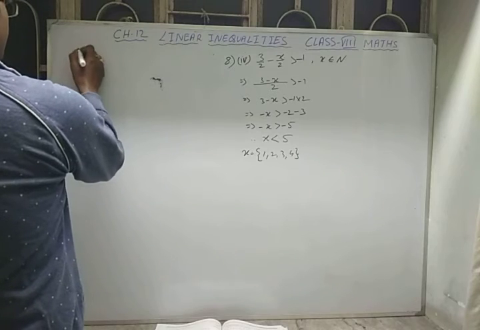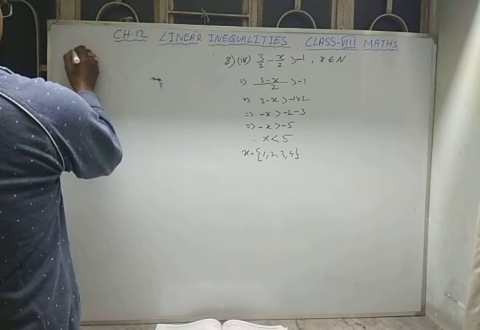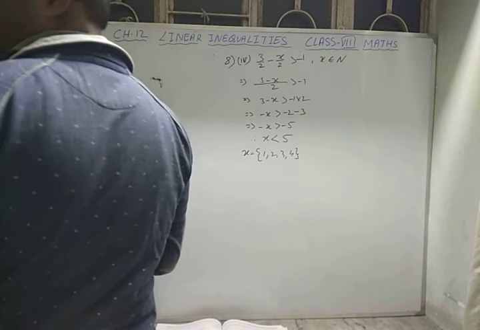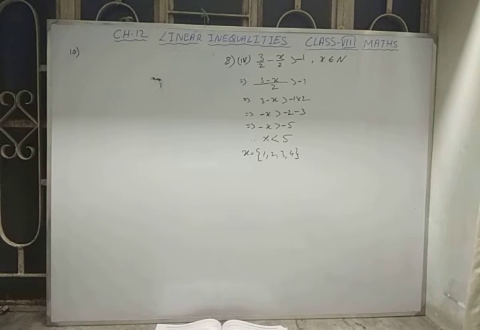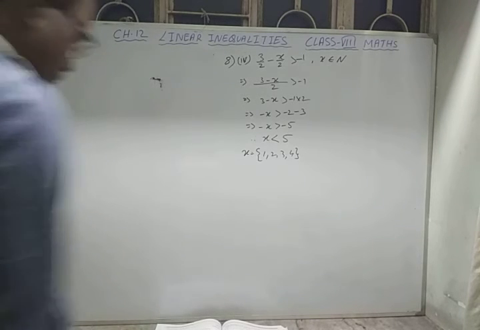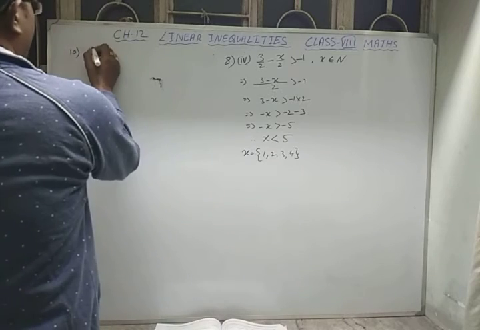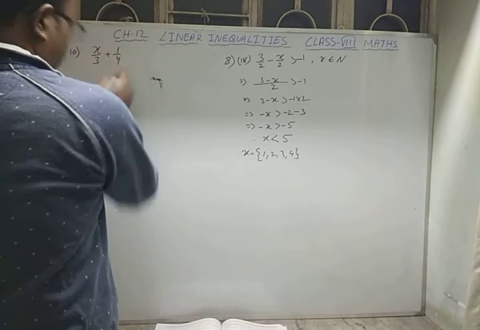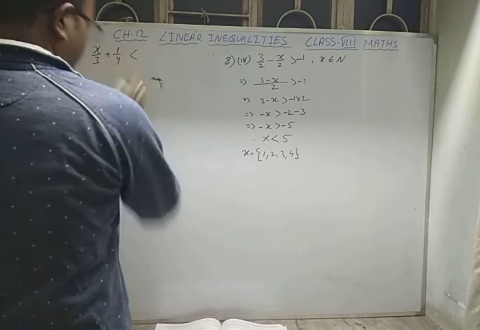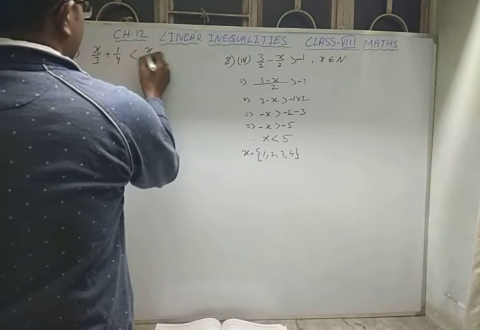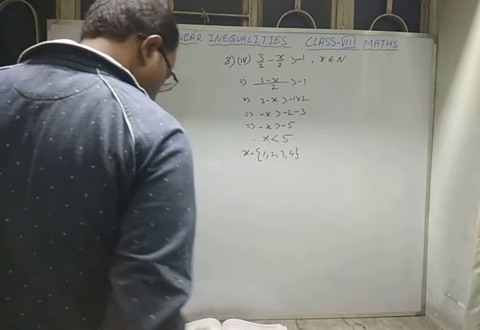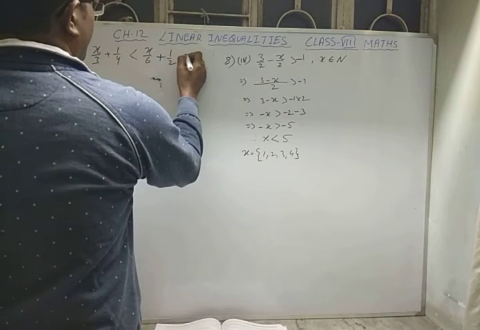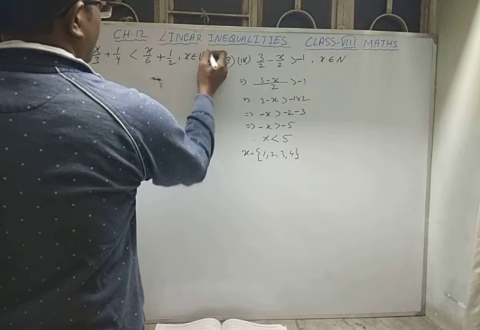So the inequation is x/3 + 1/4 < x/6 + 1/2, where x belongs to whole numbers.